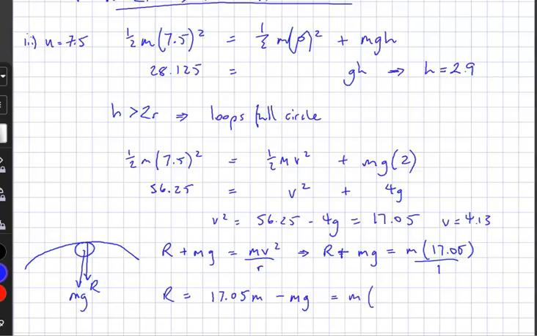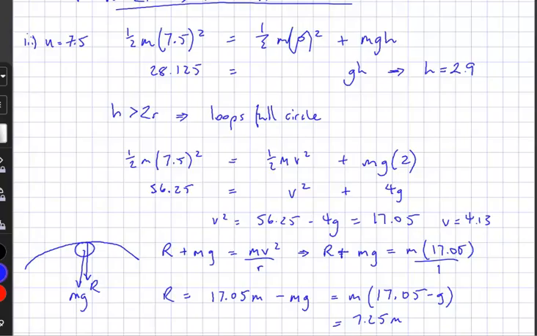Now, it doesn't matter what the mass is. In fairness, now we know what g is. g is 9.8. We end up with 7.25 lots of m.